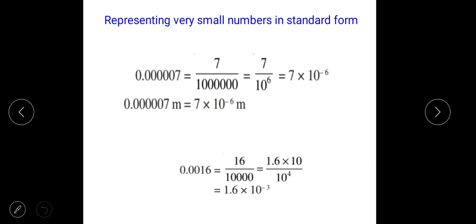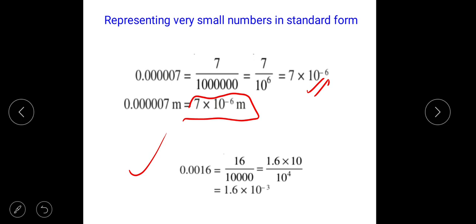Yes, 1 and 6 zeros. That is 7 by 10 raised to 6. We know 1 by 10 raised to 6 is 10 raised to minus 6. We studied the negative exponent law. 7 into 10 raised to minus 6 is the standard form of 0.000007.